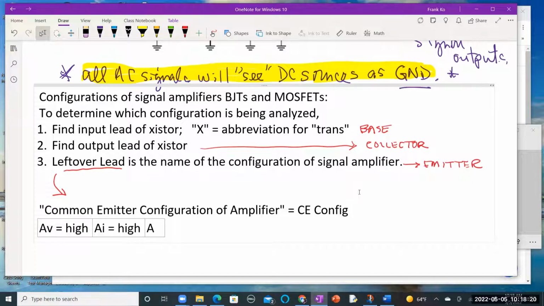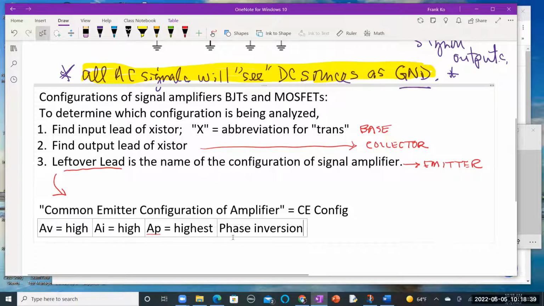And it also has an AP, which is highest. And it also has phase inversion. It's the only one that has phase inversion, and there are reasons why. We won't get into the weeds of that right now.